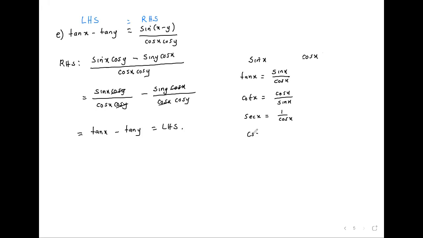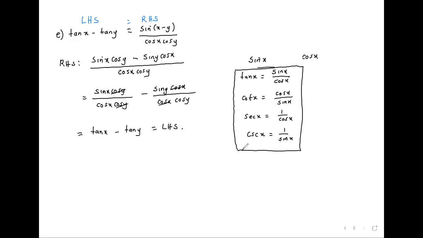We have cosec x as 1 over sin x. So we are using these. Where we find tan, we change it to sine over cos. Where I find cot, cos over sine. Where I find sec, 1 over cos. Where I find cosec, 1 over sine.